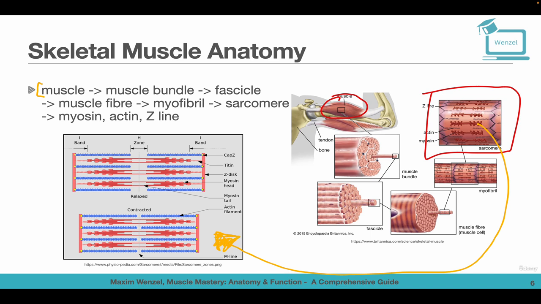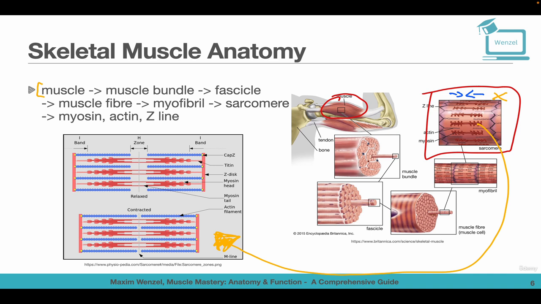In this part there will be the contraction. Like if you tell your body, for example for gripping with your arm, I want to contract, these will move into the middle.